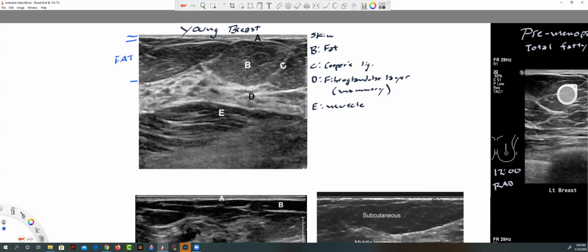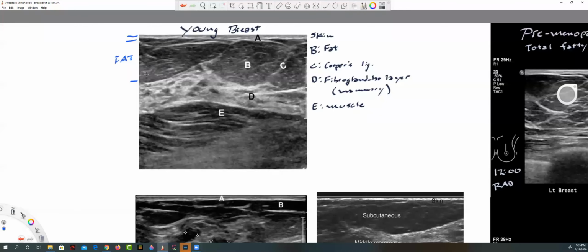Now, fat in the breast, and maybe it has a lot to do with the way we set up our transducer. Well, actually, no. If we look at fat in other parts of the body, it tends to be a little more echogenic and an overall fuzzy image, like the sound just doesn't really like traveling through it.